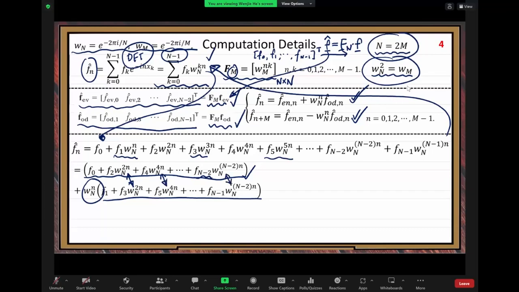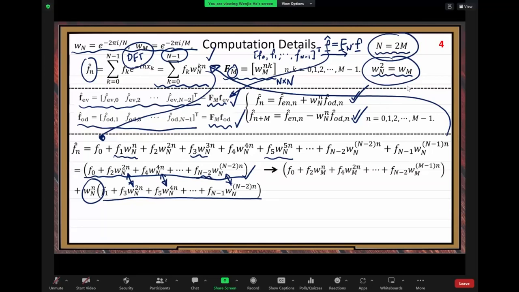This structure we can represent in a simplified way. So how do we make the expression simpler?